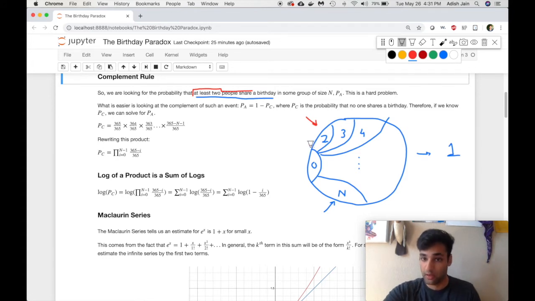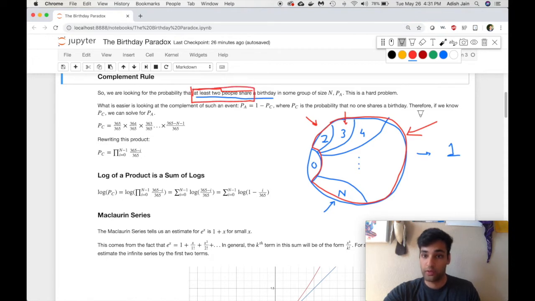Because if 2 people share a birthday, then at least 2 people have shared a birthday. And if 3 people share a birthday, then at least 2 people have shared a birthday, and so on, right? And so all of these different events in our probability space are part of this event that at least 2 people share a birthday.